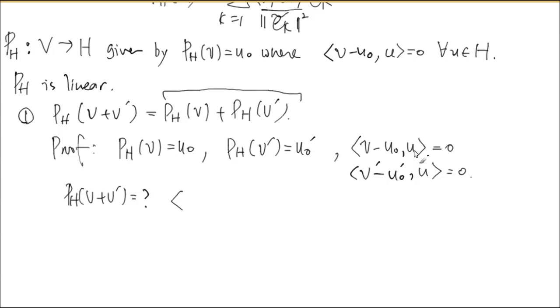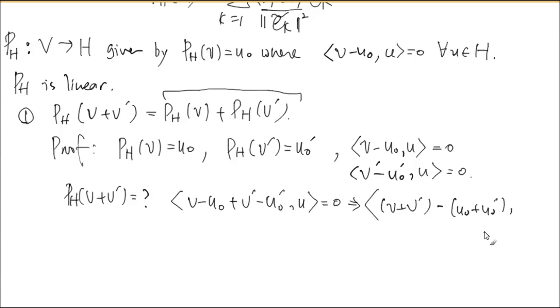If you add them both here, keeping the same U, we have V minus U0 plus V prime minus U0 prime, inner product with U, equals 0. You see that? Then how are you going to organize this one? V plus V prime, minus U0 plus U0 prime, inner product with U is 0. So there is this vector V plus V prime, right? And if you subtract U0 plus U0 prime, that vector is always perpendicular to whatever you choose from H, right? So what is the conclusion from here?